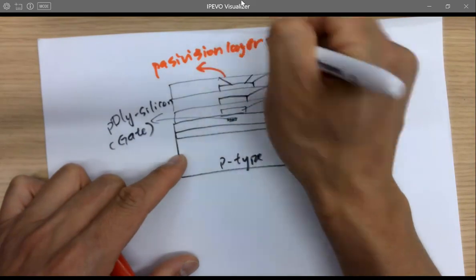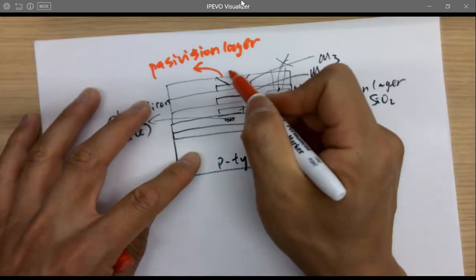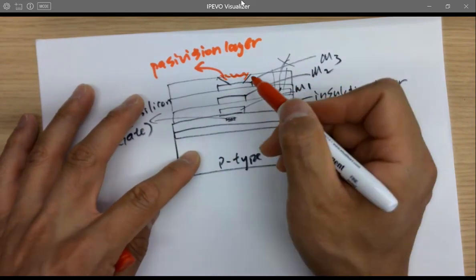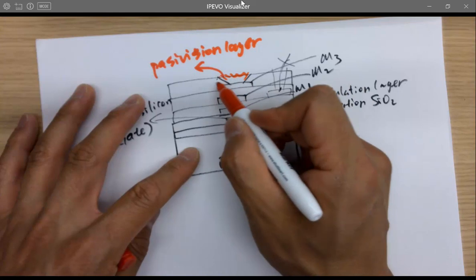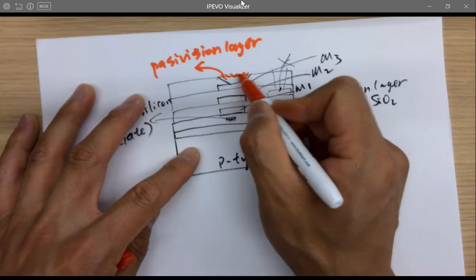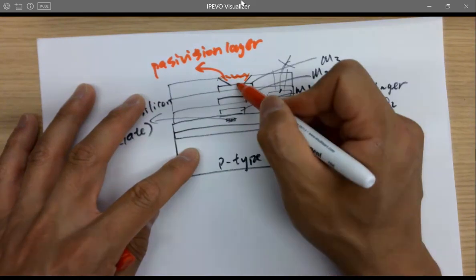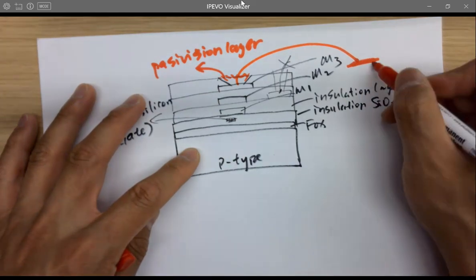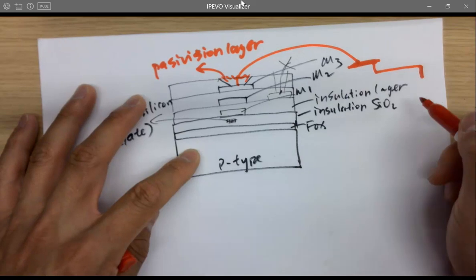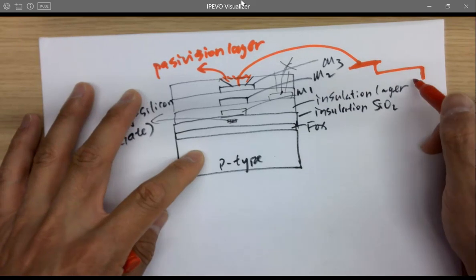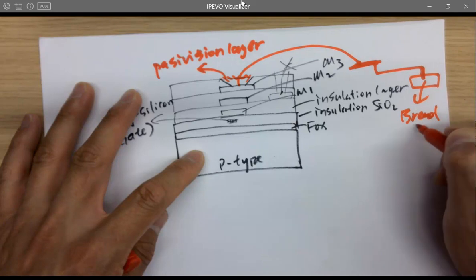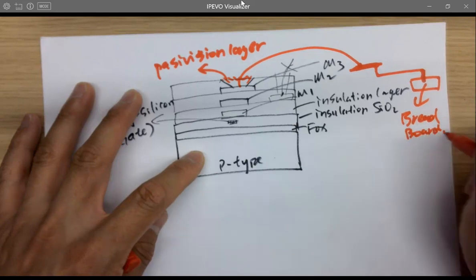I may spell this wrong, but the passivation layer will open up the insulation on the top and leave an opening. In Electric VLSI, you can select that layer to open up the window on the metal strip. And then you can bond a wire to a metal plate on the chip, and then you have pins connected to the metal plate in the package. So you can plug this into a breadboard. Make sense?